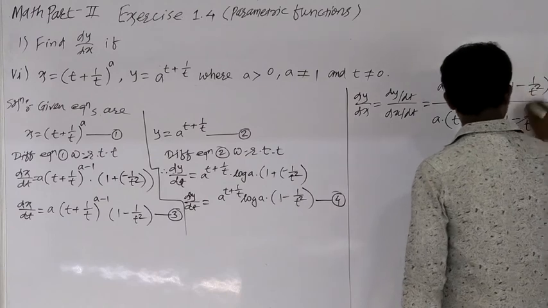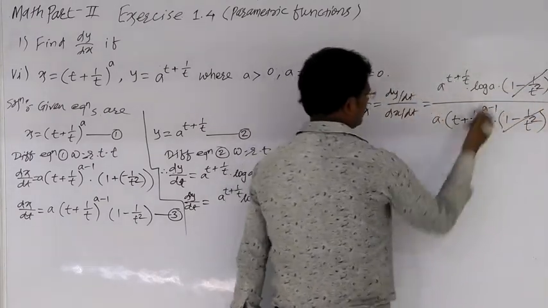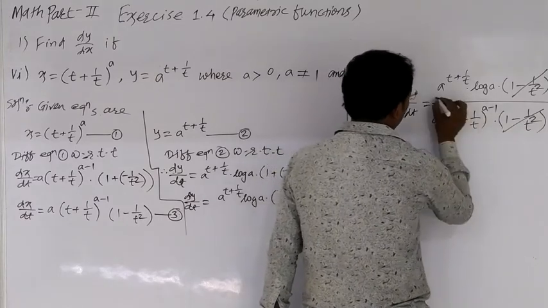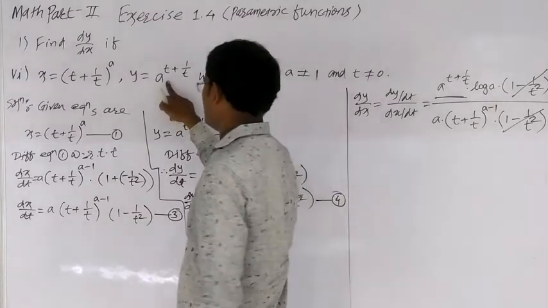Now this 1 minus 1 upon t square gets cancelled from numerator and denominator. Now here a raised to t plus 1 upon t means y.